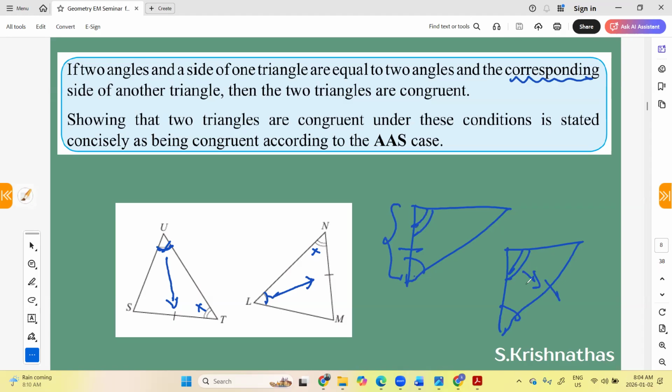Here, this side is opposite of this double angle. So, not in the corresponding position. So, these are not congruent. So, consider this one, students: two angles and a side equal to two angles and the corresponding side. Here, opposite of single. Here, also opposite of single. So, these are congruent. Okay, this is the second case.